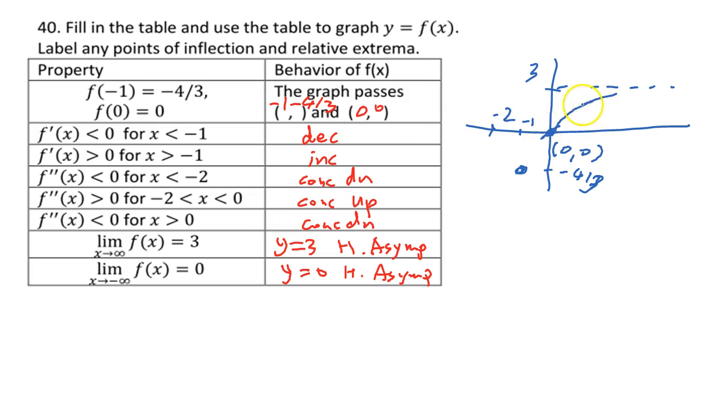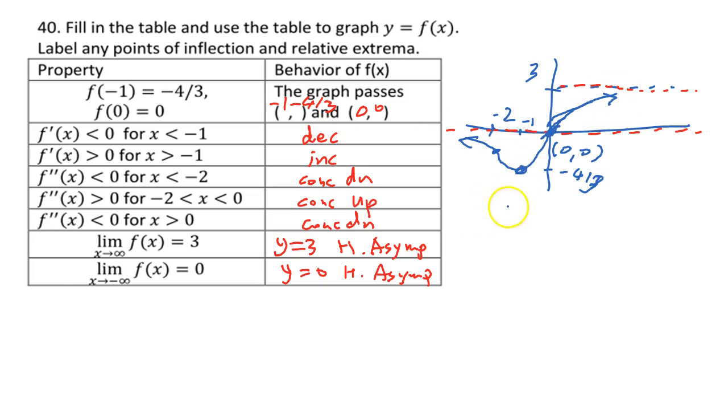It's still concave up until -2, but then the concavity changes and it goes like that, and the x-axis itself is a horizontal asymptote where the graph gets closer and closer. Y equals 3 is also the horizontal asymptote as the graph goes to the right. So that's the graph.